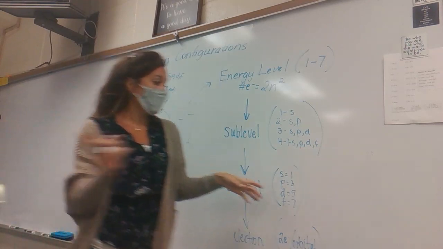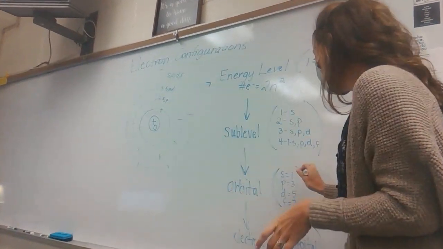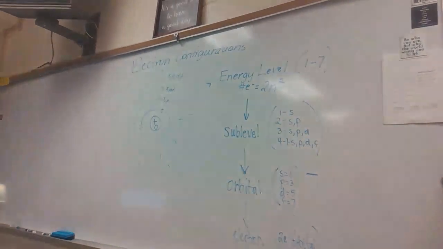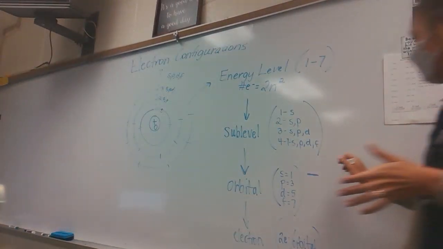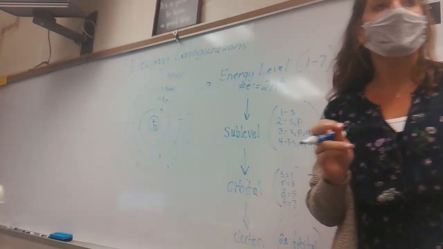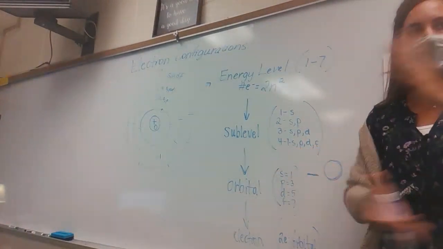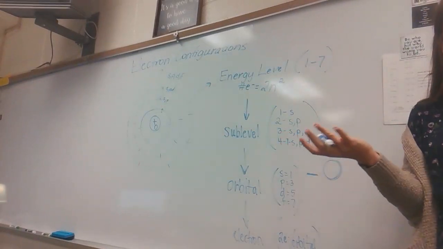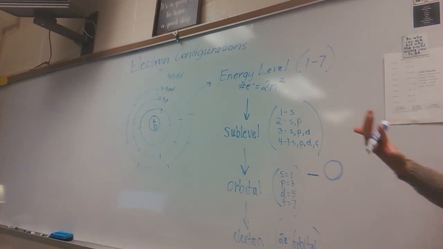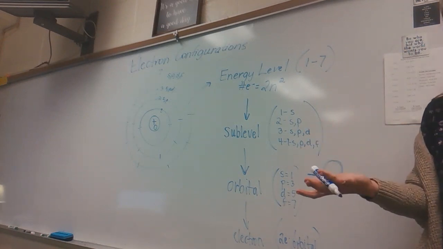Yep. So if we draw these orbitals, the S is one single line for one single orbital. Because if you remember, the S is spherical shaped, and we only have one orientation of a sphere. You can't change a sphere and make it look any different. In a three-dimensional space, a sphere is a sphere.